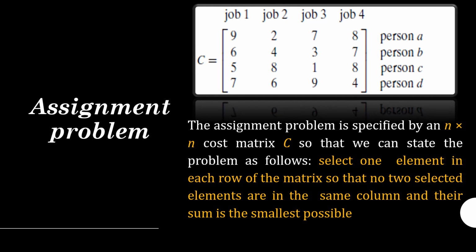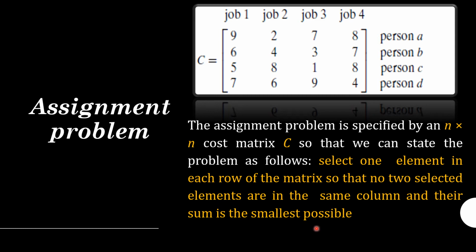The assignment problem is specified by an n cross n cost matrix C, so that we can state the problem as follows: select one element in each row of the matrix so that no two selected elements are in the same column and their sum is the smallest possible.